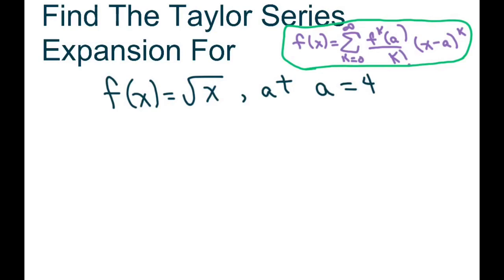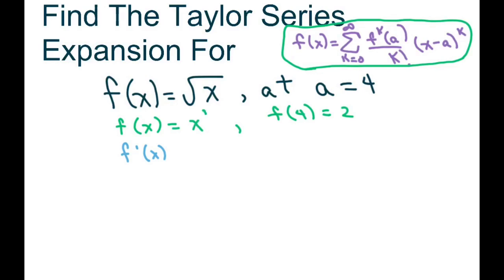We're going to go ahead and just do 4 derivatives here. So just for our first one, we have f of x equals the square root of x. And at 4, we have f of 4 equals 2. All right? And we take the derivative of this. And remember, I'm going to go ahead and call this x to the 1/2.